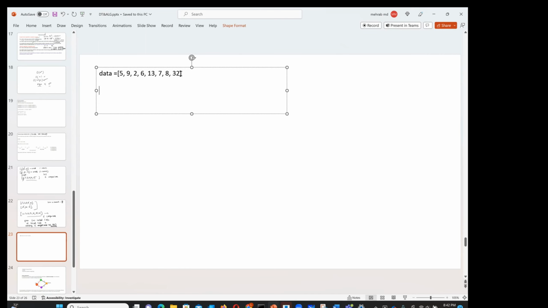So let's do the division part. This is not sorted, so I divided it into two parts. Now tell me, is this part sorted? No, this is also not sorted.